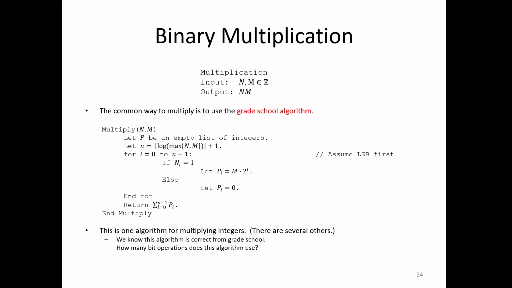And we're actually going to only look at one, and this is the one that I'm going to call the grade school algorithm. So it's probably similar to the one that you learned to do multiplication in grade school, although we're going to think of it as a binary algorithm as opposed to a base 10 algorithm, if that's what you are most used to. Actually, binary multiplication is a little bit easier, as we'll see in a second.